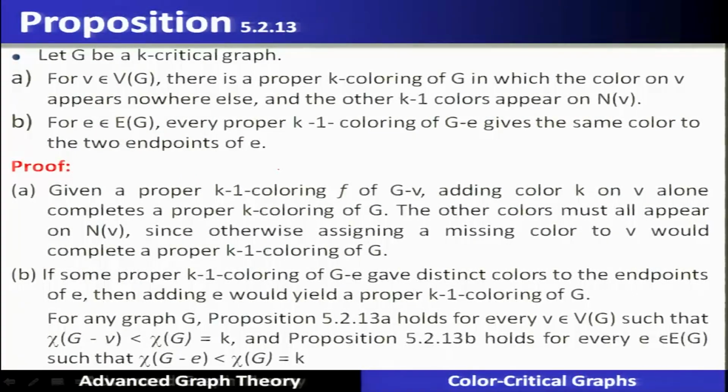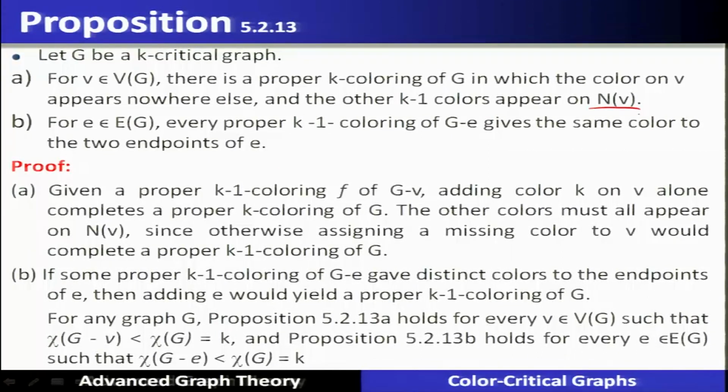We will see the proposition: let G be a k-critical graph. Now for a vertex V in the vertex set of graph G, there is a proper k-coloring of the graph in which the color on V appears nowhere else, and the other k-1 colors appear in the neighbors of that particular vertex.